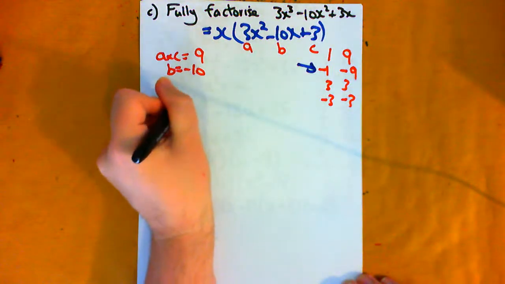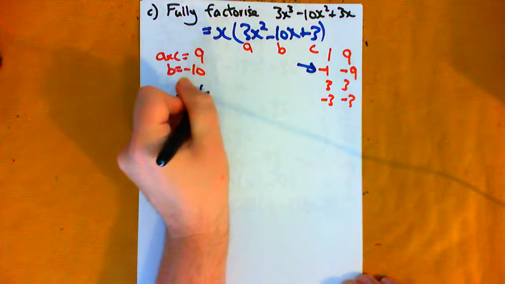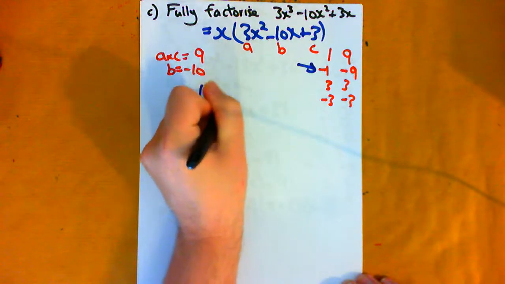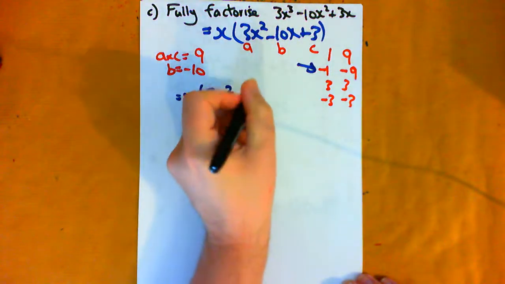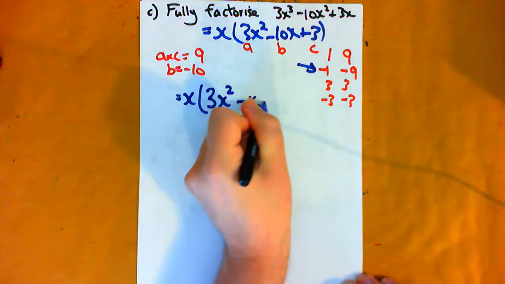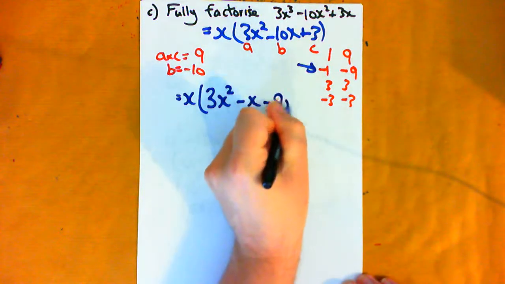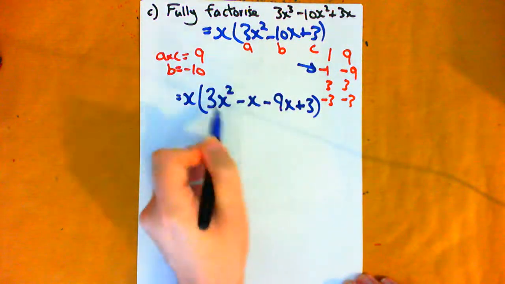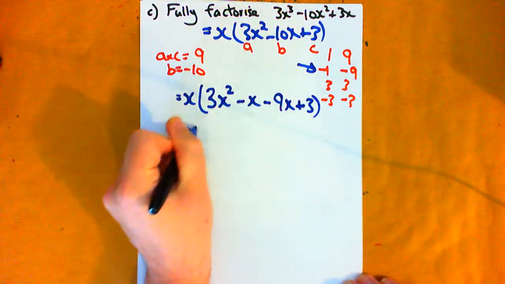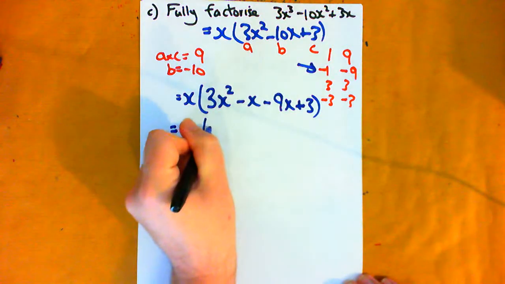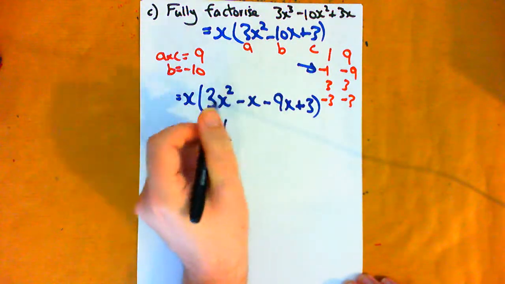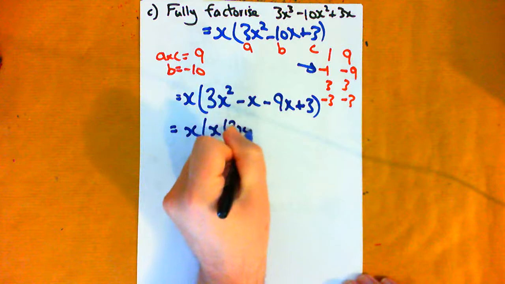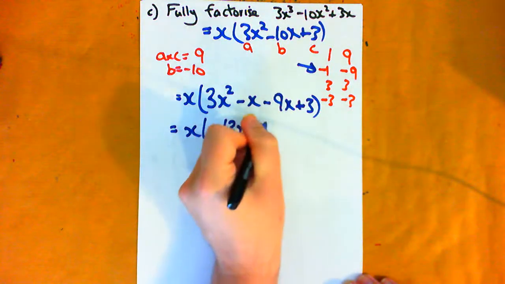So we've got x times 3x squared minus 1 times x minus 9 times x plus 3. Now out of this pair, what's the common factor that we can take out? That's only x, so we've got x times 3x minus 1.